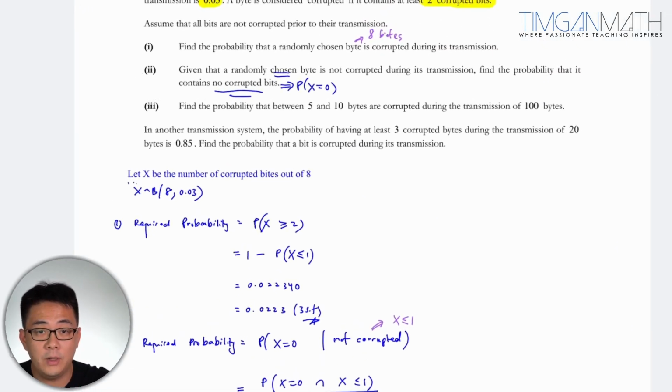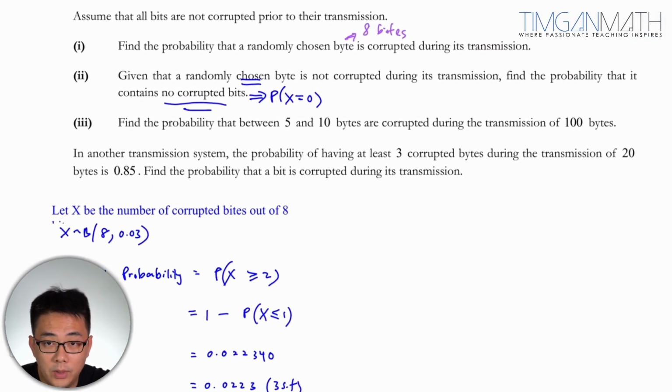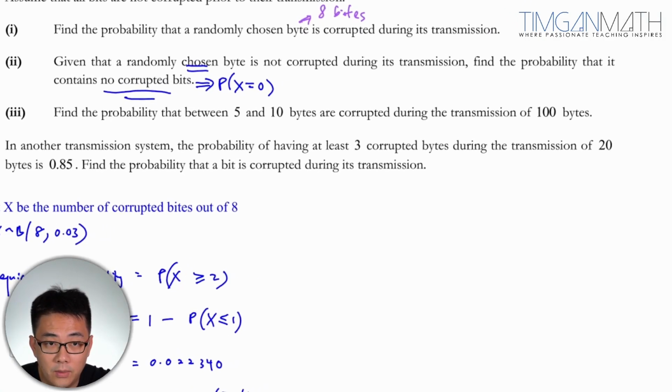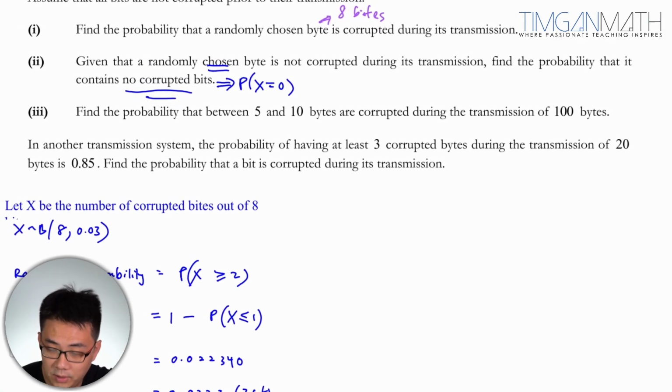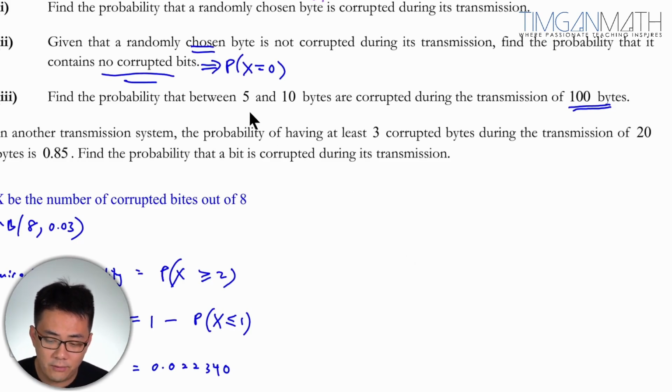Let's look at part 3. Find the probability that between 5 and 10 bytes are corrupted during transmission of 100 bytes. So you have 100 bytes, and whether each is corrupted or not, it's another binomial distribution. I'm going to write this down again.